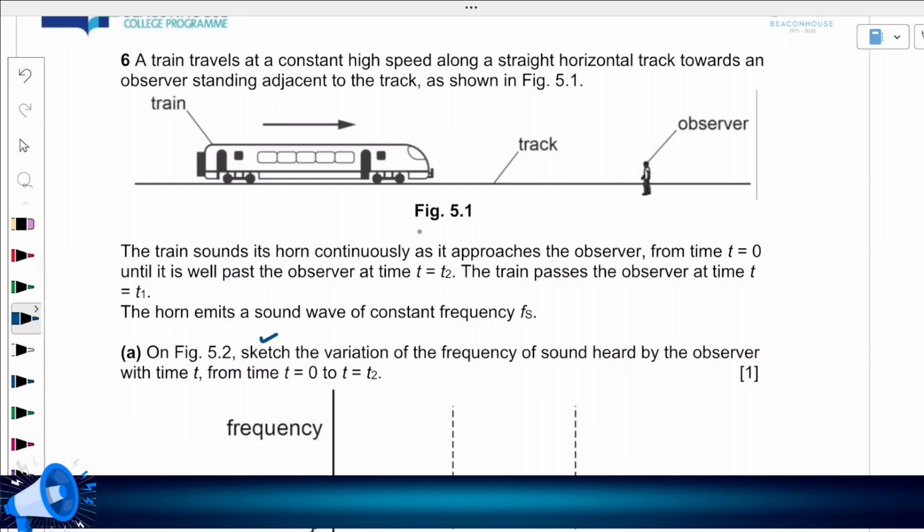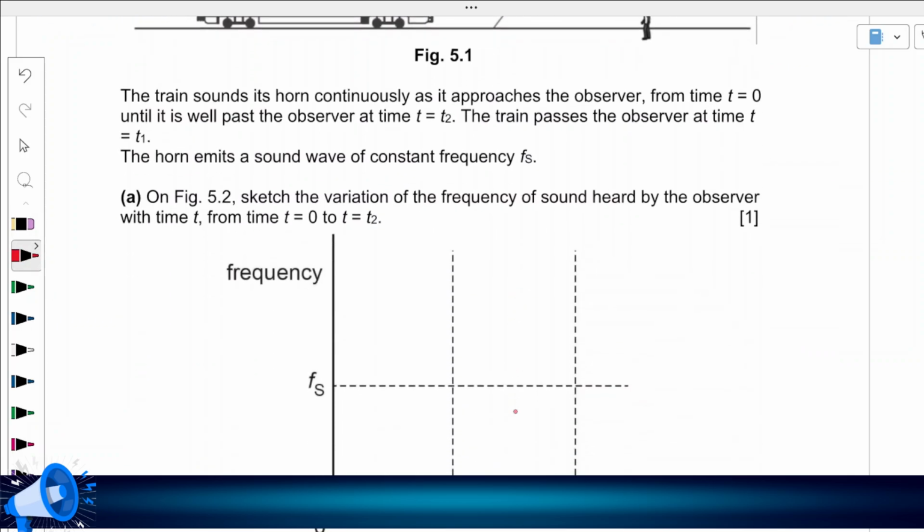I'll simply read the main things here. First, the train approaches towards the observer, and then the train passes the observer at t equals t1, from time t equals 0 until it is well past the observer at t equals t2. Okay, so initially it approaches the observer and then it goes away from the observer.